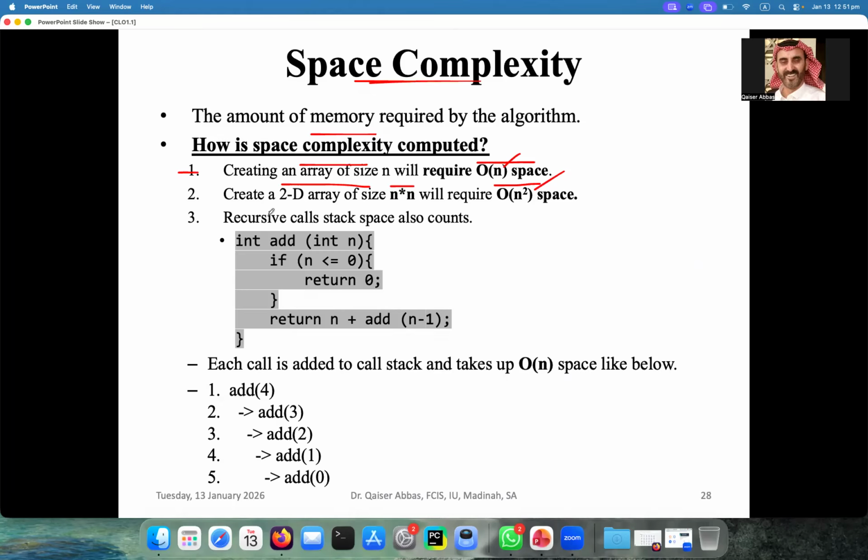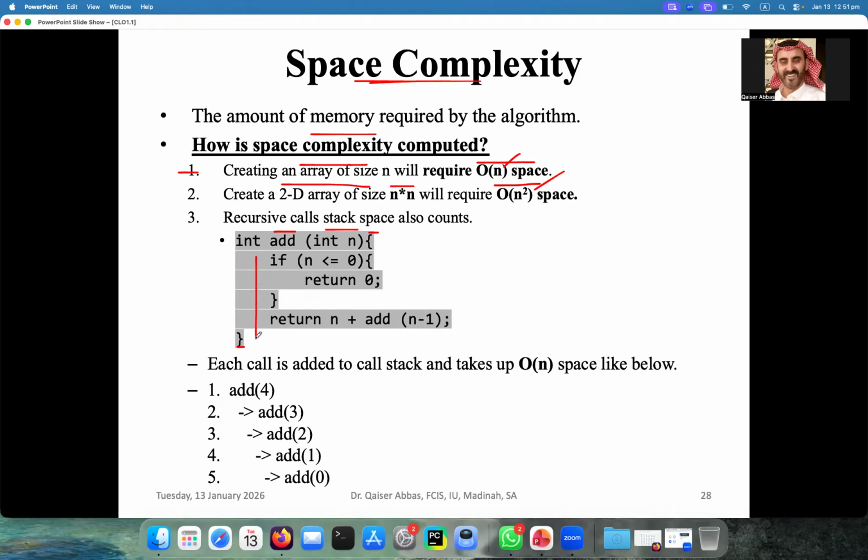And when we have recursion in our algorithm, then we have to see how much time that recursion is going on, whether that recursion is going on n times. For example, here the function is int add and the parameter is n, then the bracket is starting, the bracket is ending, and here is the body of this function.